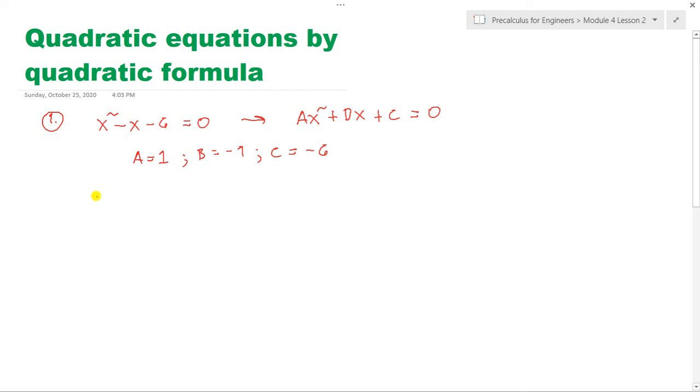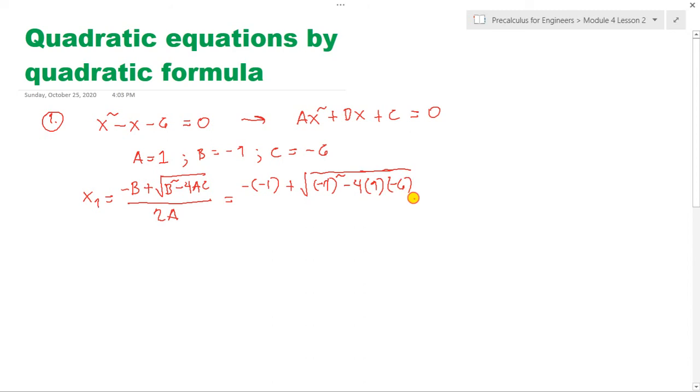And then we all know that our first solution is equal to, from the quadratic formula that we just derived, negative b plus square root of b squared minus 4ac all over 2a. So here our b is negative 1, so we have negative times negative 1 plus square root of negative 1 squared minus 4 times a, which is 1, times c, which is negative 6, all over 2 times 1.